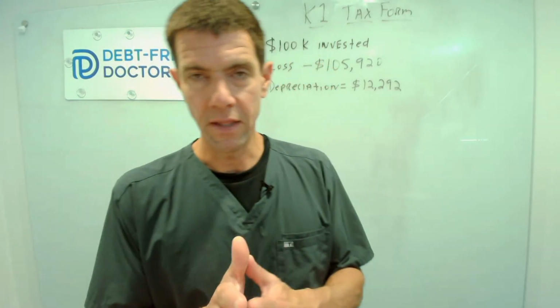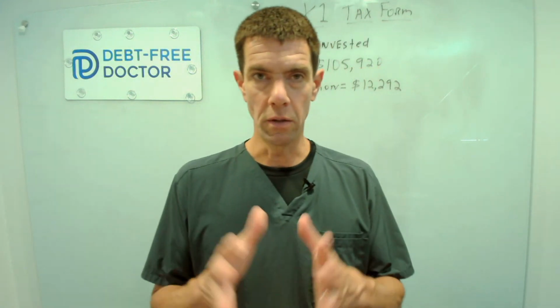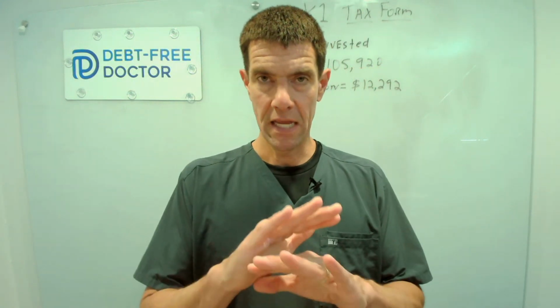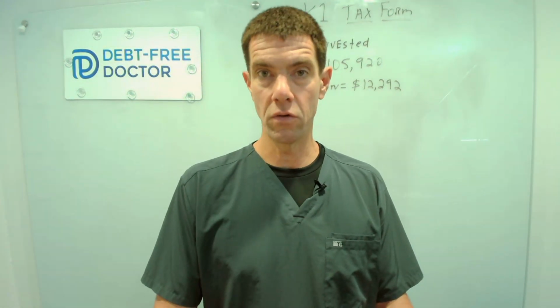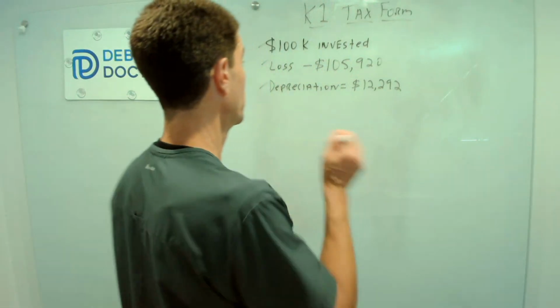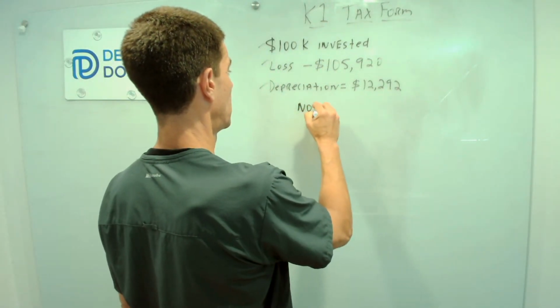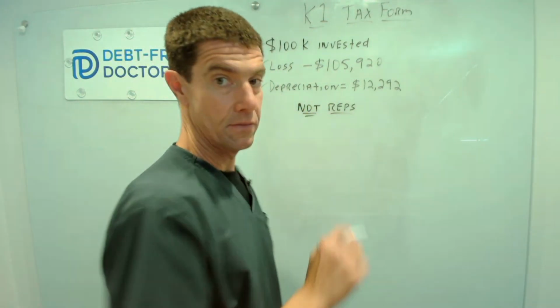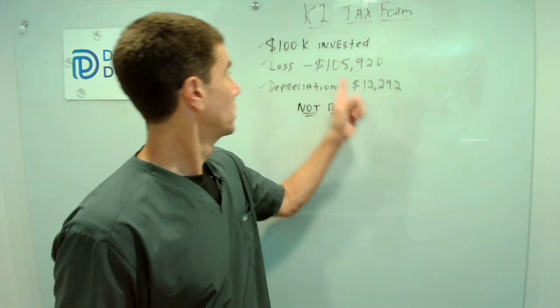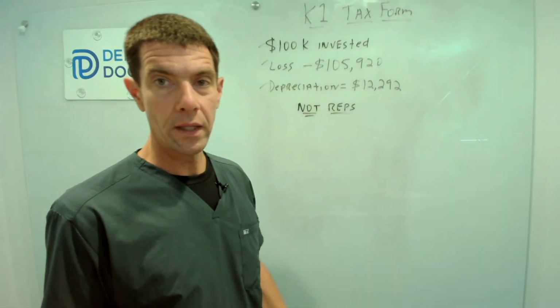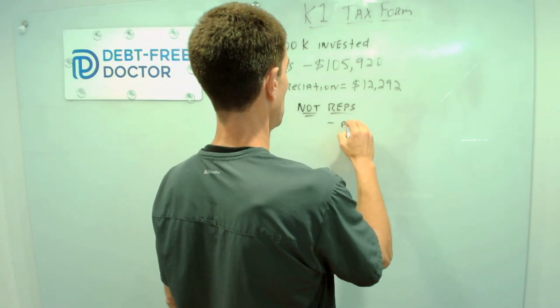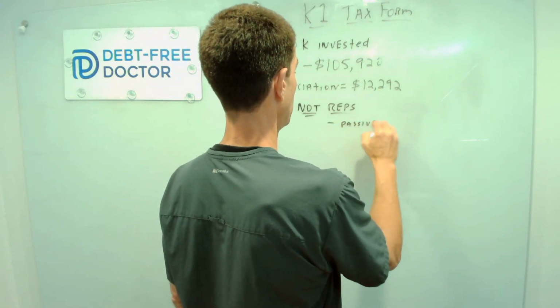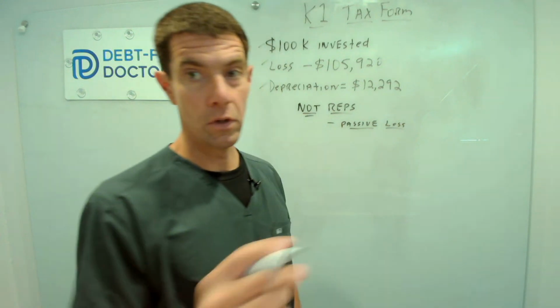Now, let's break this down for you regarding your situation. So if you're not filing as a real estate professional, which probably you're not, and the majority of our passive investors are not, so if you are not filing REP status, all right, this $105,920, that is called a passive loss.